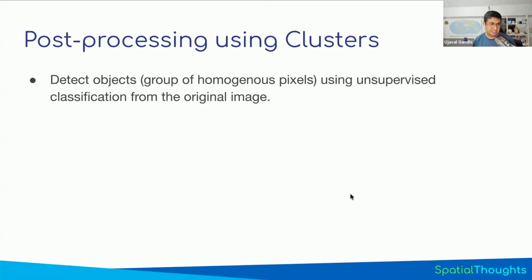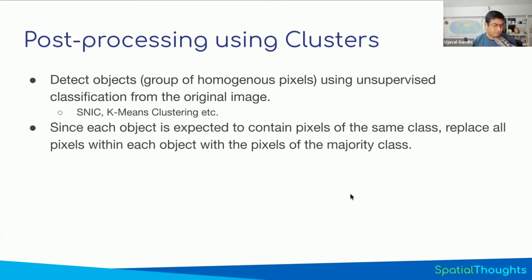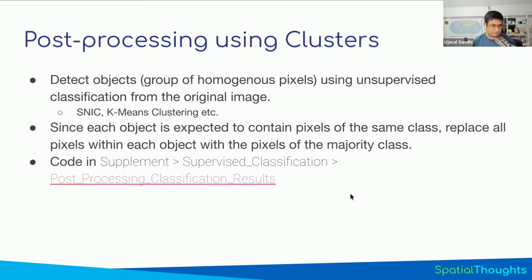Let's learn about this using clusters. You first detect objects, which are groups of homogeneous pixels, using a clustering method. These are unsupervised methods. We'll just look at the spectral values of pixels and find similar pixels. Once you find those objects, you say, this is the same object, so the class of that object should be similar. If there are any other misclassifications, you replace those.